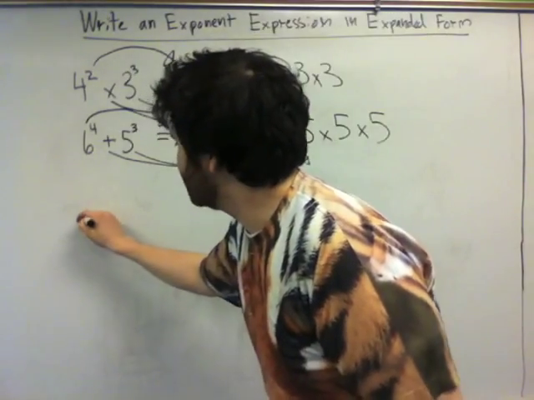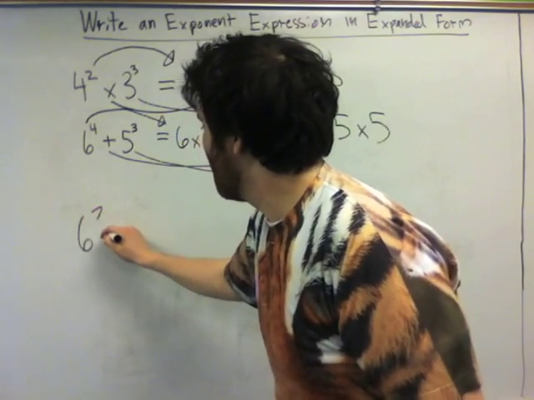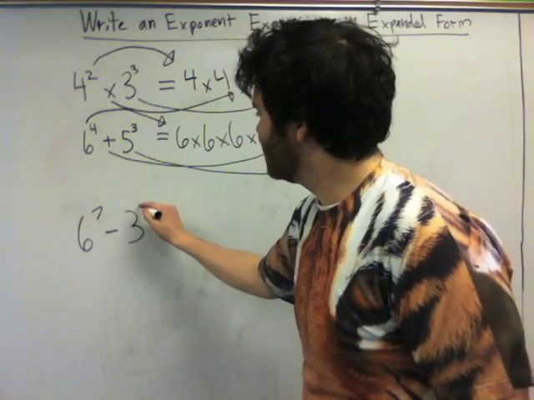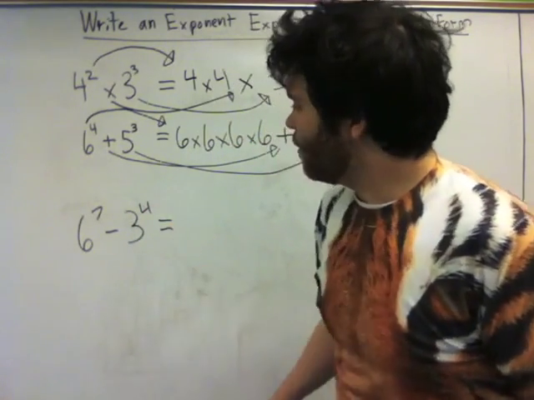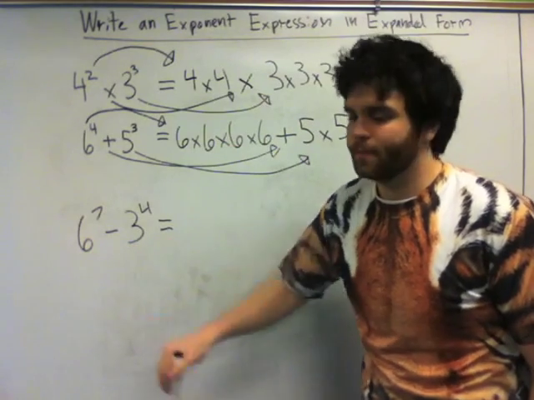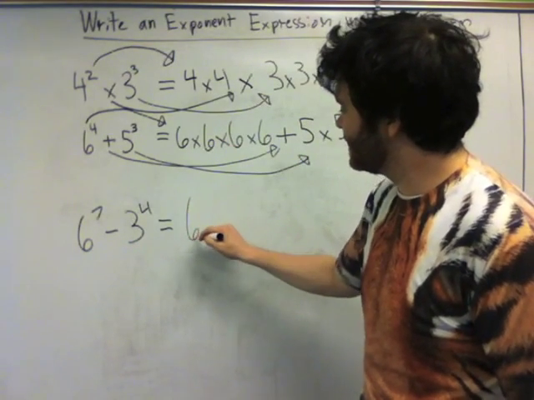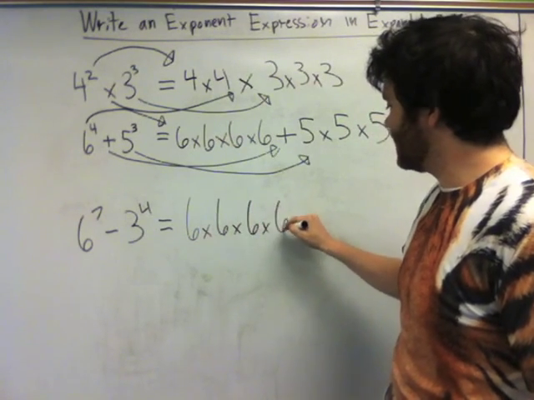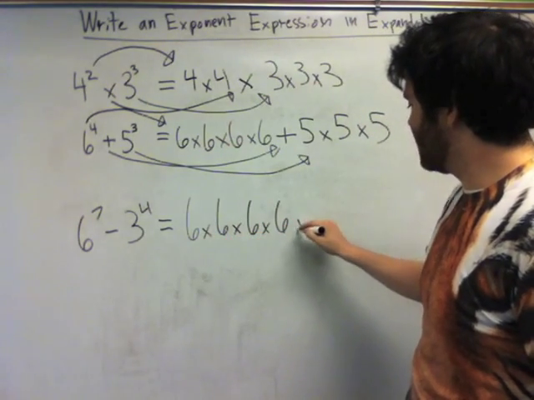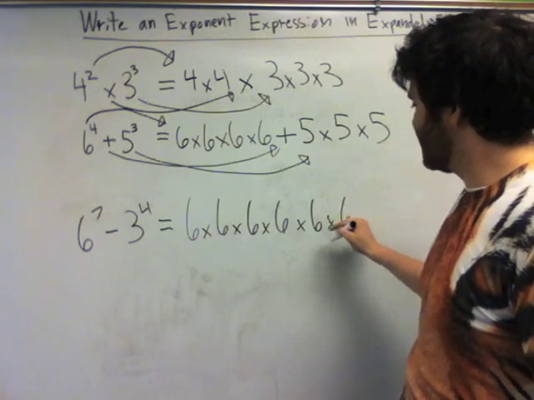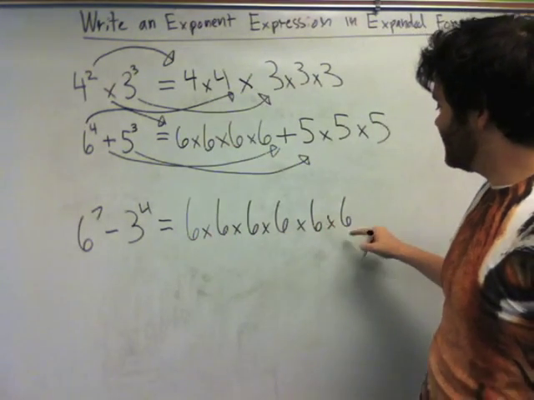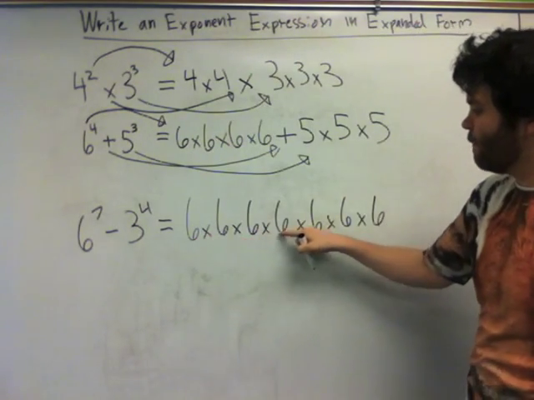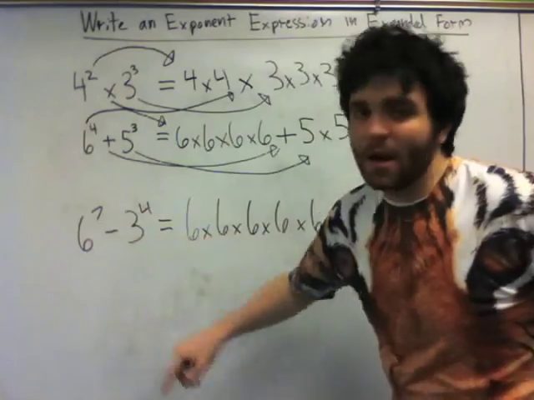So let's say it was 6 to the seventh minus 3 to the fourth. So first we've got to do our 6 to the seventh. Well, that's easy. It's going to be 6 times 6 times 6 times 6. 1, 2, 3, 4 times 6 times 6. 1, 2, 3, 4, 5, 6 times 6. 1, 2, 3, 4, 5, 6, 7.